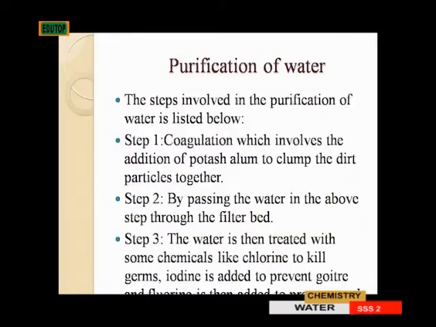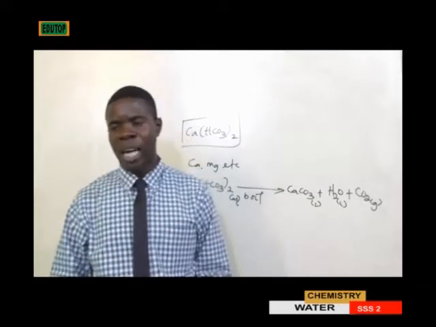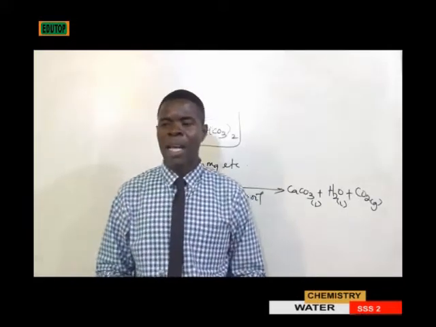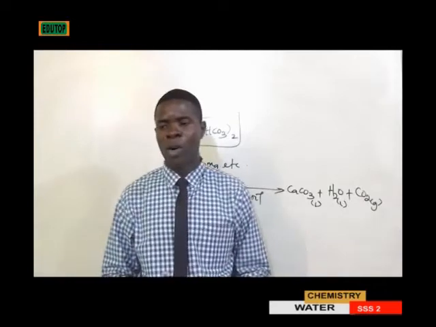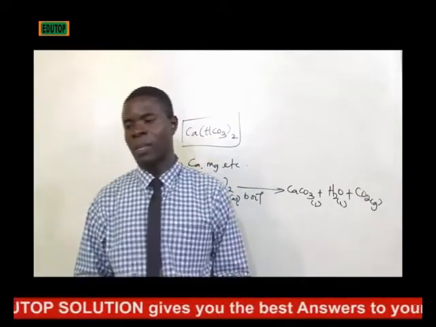Step 2, passing the water from the above step through the filter bed. Then step 3, the water is treated with some chemicals like chlorine, and the essence of treating it with chlorine is to kill germs. It is also treated with iodine, and what iodine does is to prevent goiter, that is the abnormal enlargement of the thyroid gland.